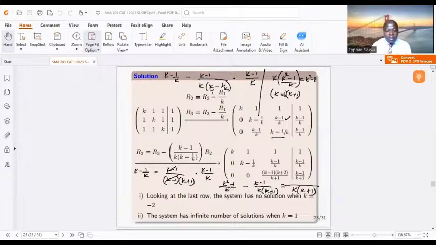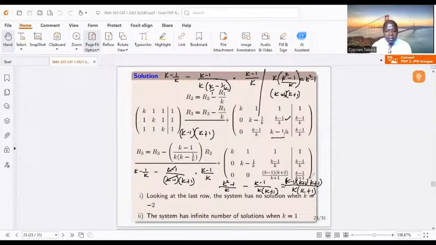This k goes here, k plus 1 times. So k plus 1, what about this? What is this? This is k minus 1, k plus 1. So what I'm saying is k goes here, k plus 1 times. So k plus 1 times this is the same as k minus 1, k plus 1, then this k plus 1.